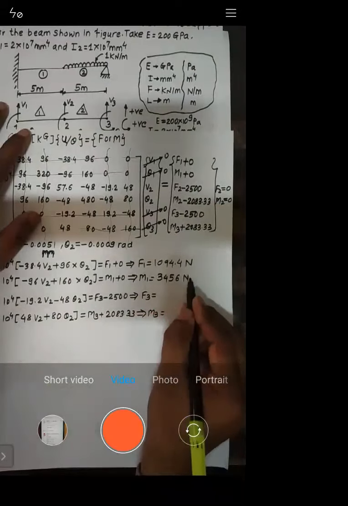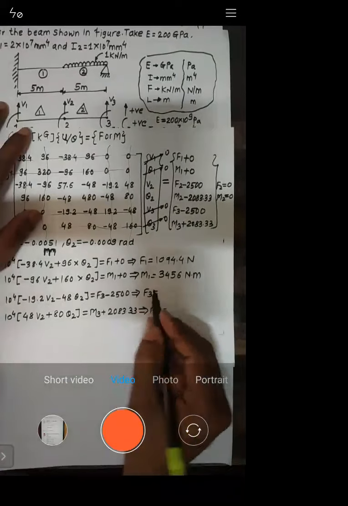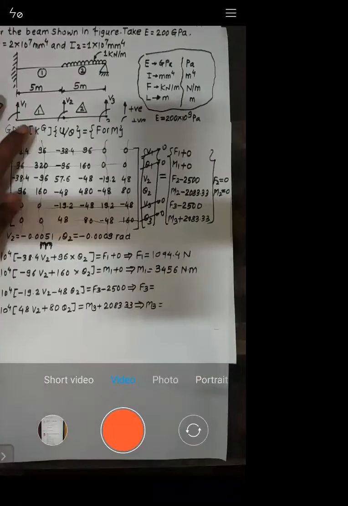Now F3. All of you check the answers. Have you taken this 10 raised to power 4 in multiplication for every term? Yes, sir. Then tell me F3.